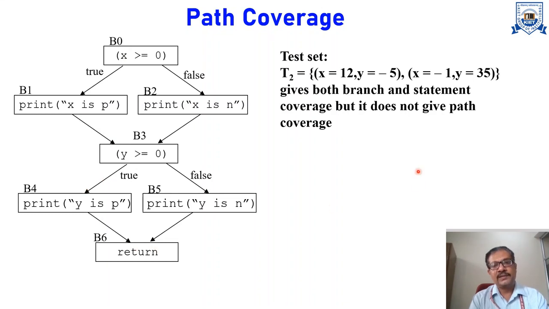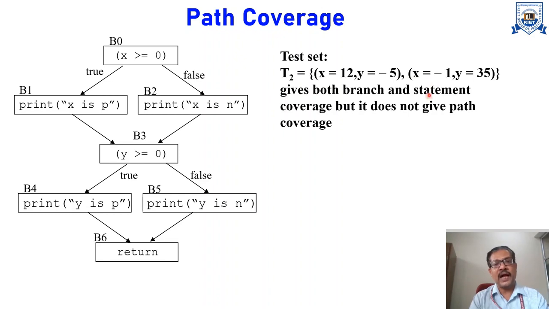So with these 2 test cases, though we achieve statement coverage as well as branch coverage, path coverage is not achieved. So what do we have to do? We have to update the test set. How are we going to update it?